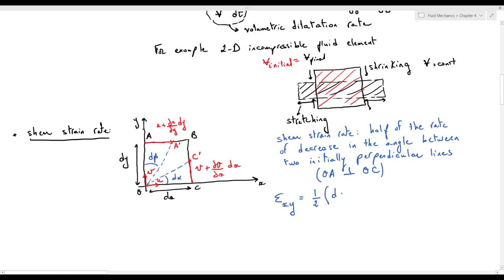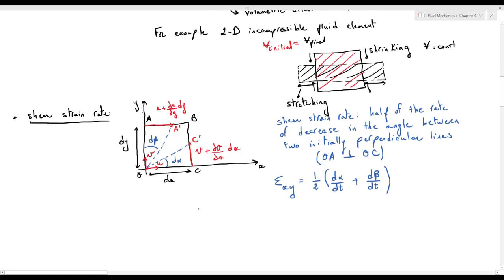So epsilon xy from the definition is equal to half into the decrease in the angle between the two perpendicular lines, which is the summation of d alpha and d beta, of course divided by dt, since it is the rate of decrease. So the angle between OA prime and OC prime is decreasing at a rate equal to the rate of increase of the two angles d alpha and d beta, the summation of the rate of increase of d alpha plus d beta.